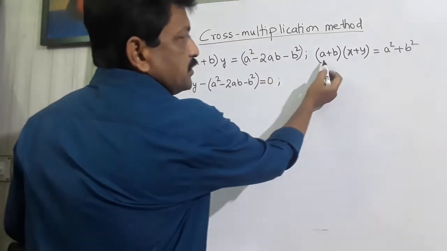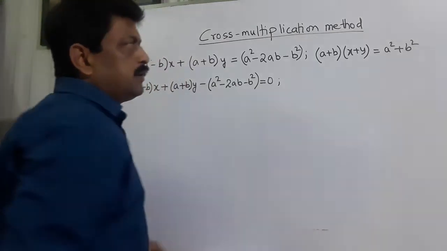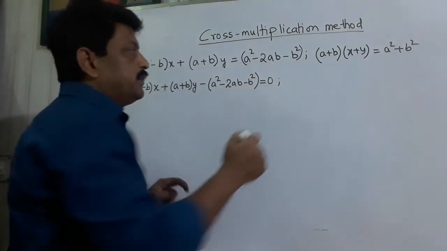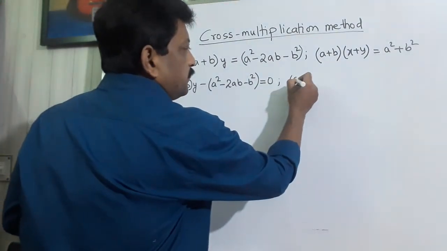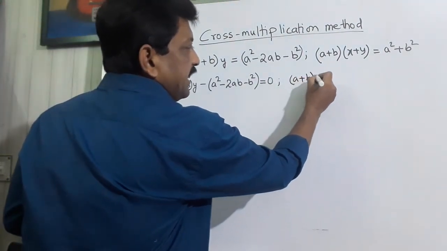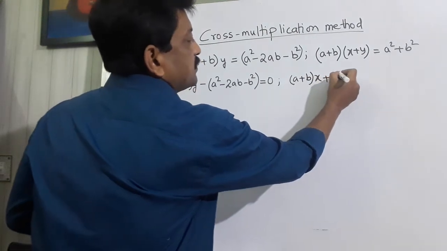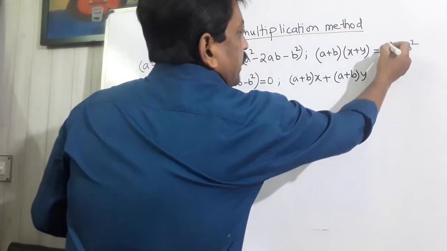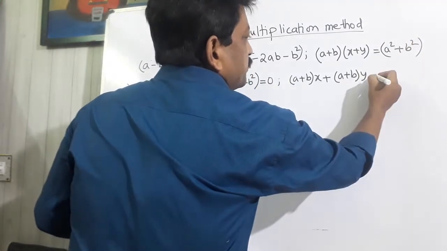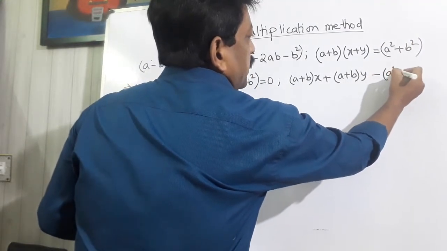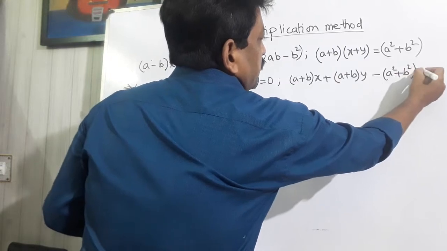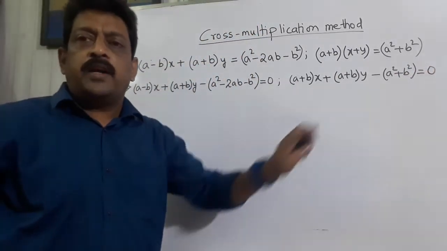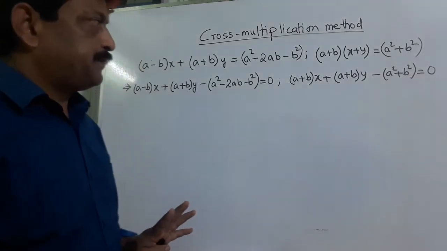Here a plus b and x plus y are in the product form. Let us separate out x and y. So it will be (a plus b)x plus (a plus b)y minus (a square plus b square) equals 0. Here the coefficients of x and y have been separated.